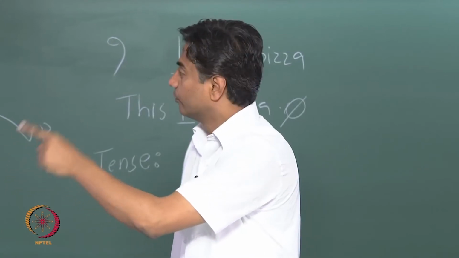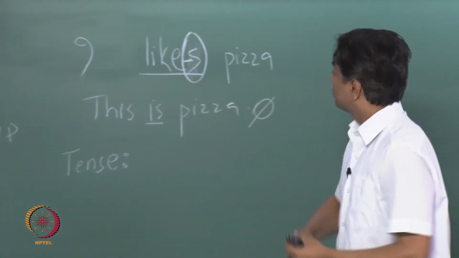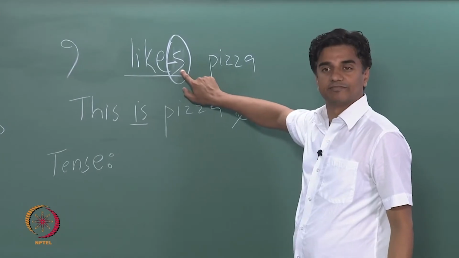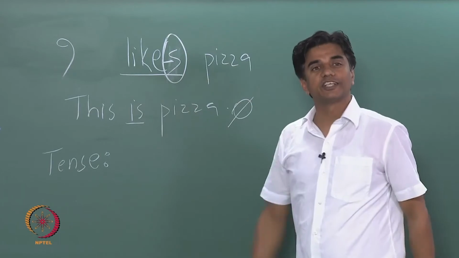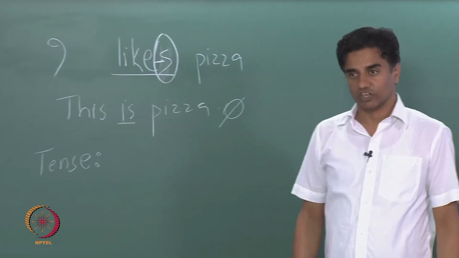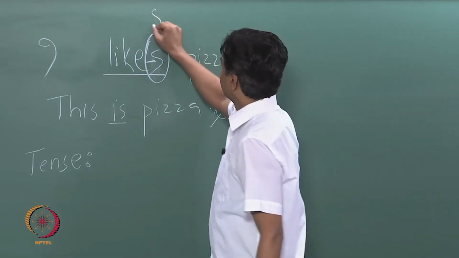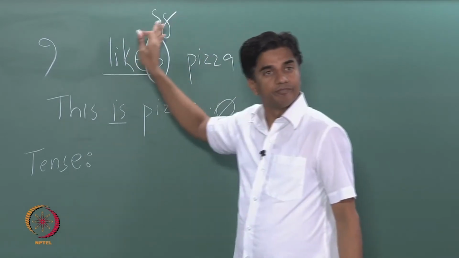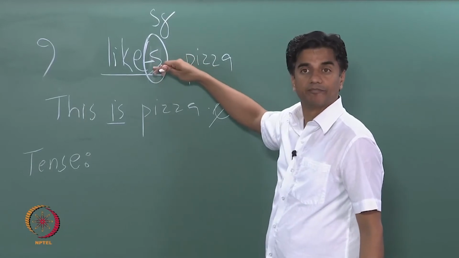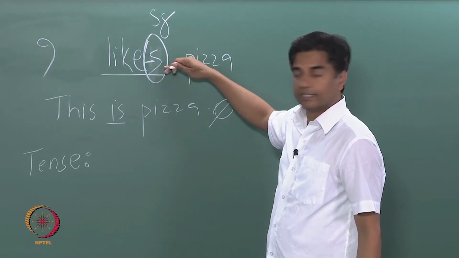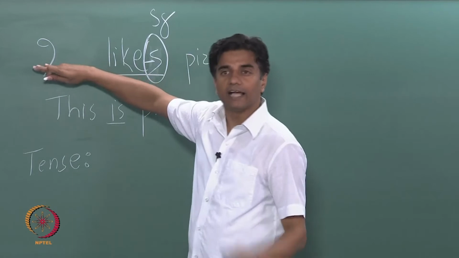Now, what is this information? What kind of information does this give us? Singular, right? Because if it is plural, then you don't see this coming. Now, the story of I is a little bit different.